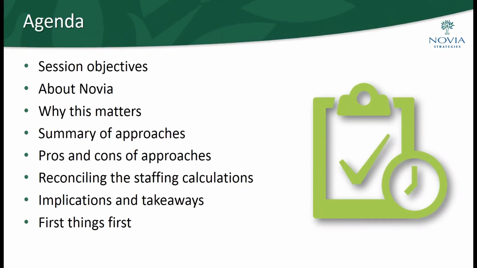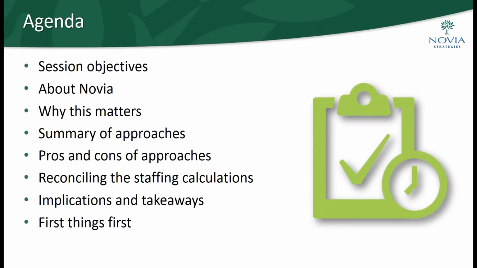The session today, we're going to cover some learning objectives that we had for the session that we presented at the OR Business Managers Conference. Talk a little bit about why the content that we're reviewing today, which is a review of different approaches to determining staffing in the operating room. We're going to summarize those approaches.